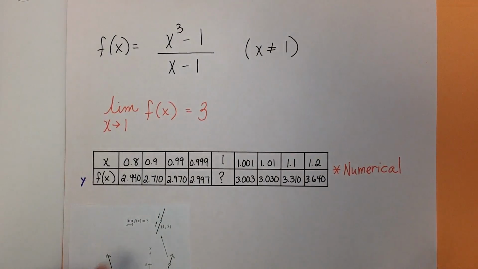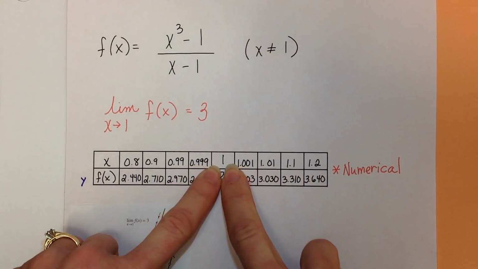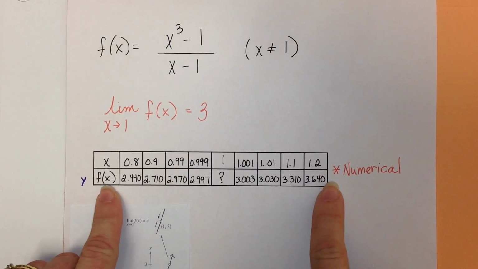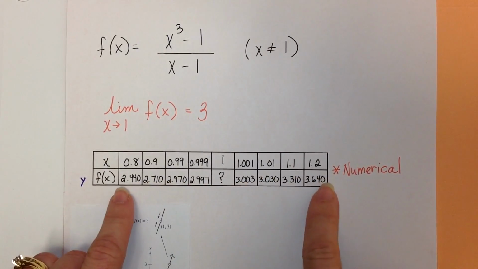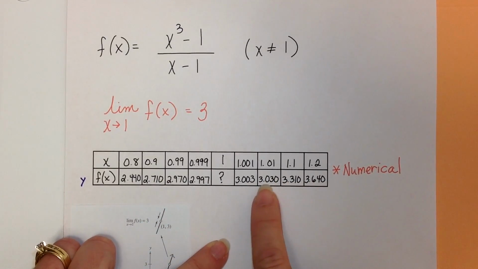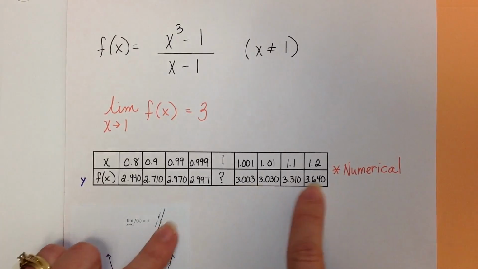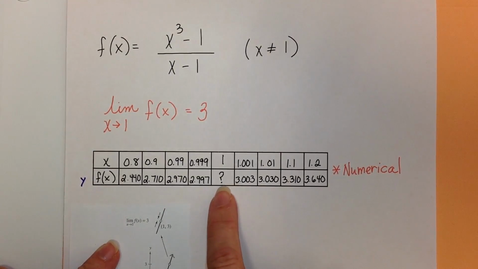So, as your x's are getting closer and closer to 1, what you're supposed to be asking yourself is, what are my y values doing at the same time? If you start comparing your y values, 3.6, 3.3, 3.03, 3.001, these numbers are gradually getting smaller and closer to 3.